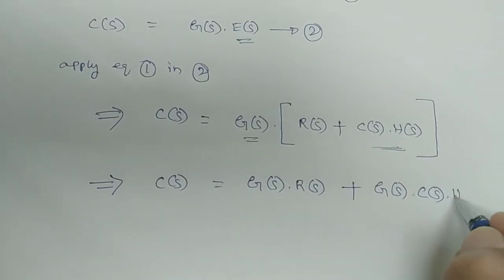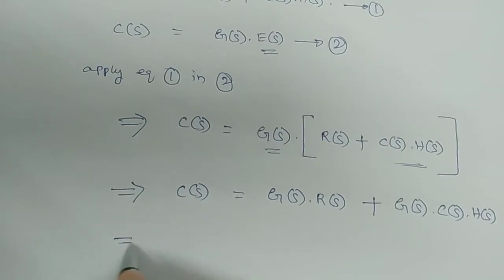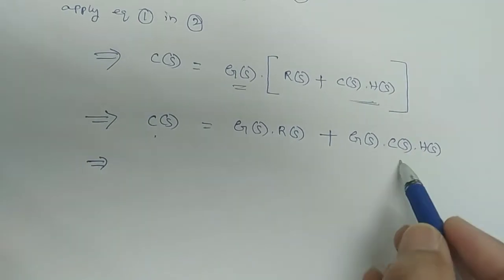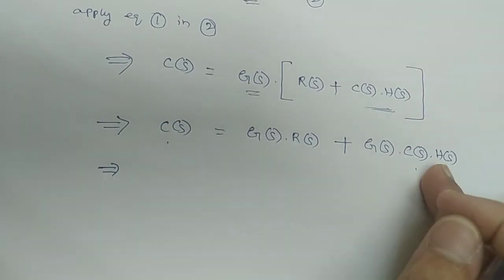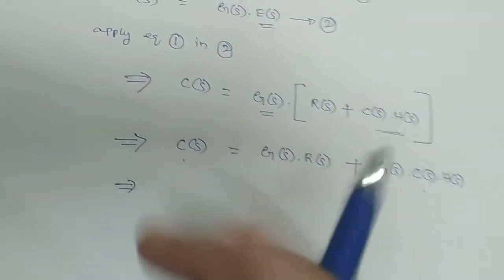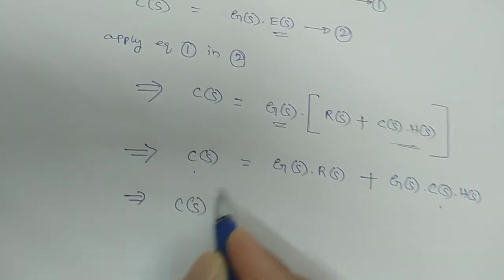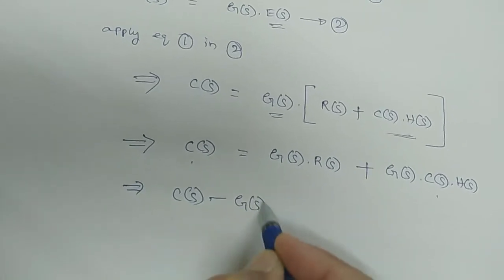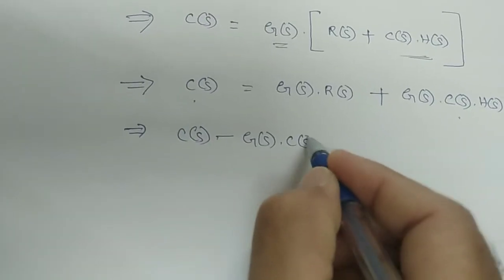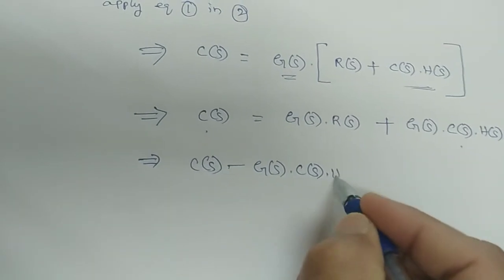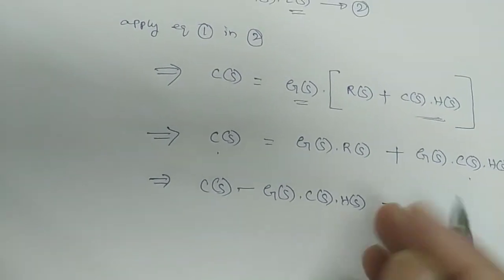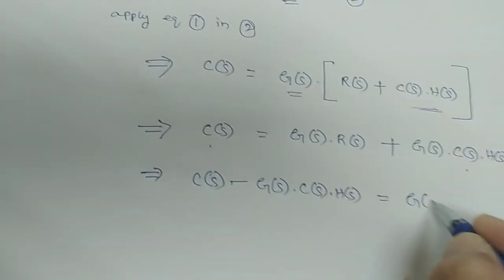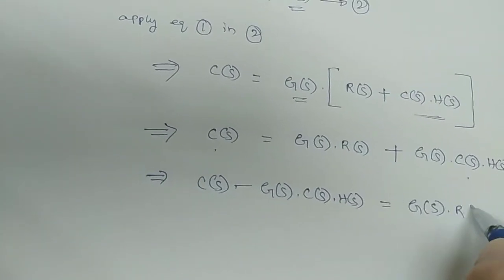into H of s. Now this is C of s, here you have C of s, therefore take this product to the left side, means C of s, bring this one to the left side, means minus G of s into C of s into H of s. This is equal to what remains on the right side, only this component, G of s into R of s.